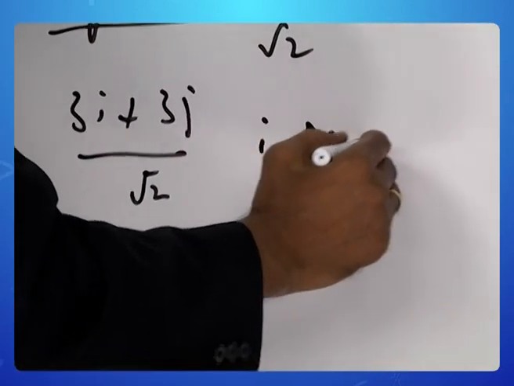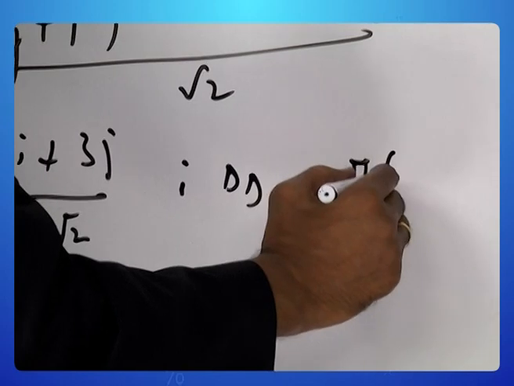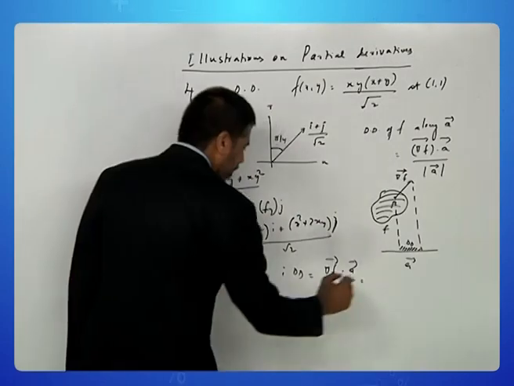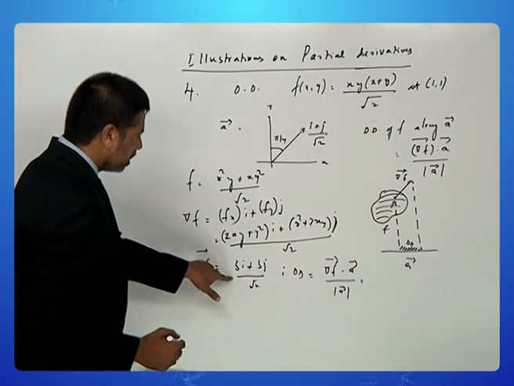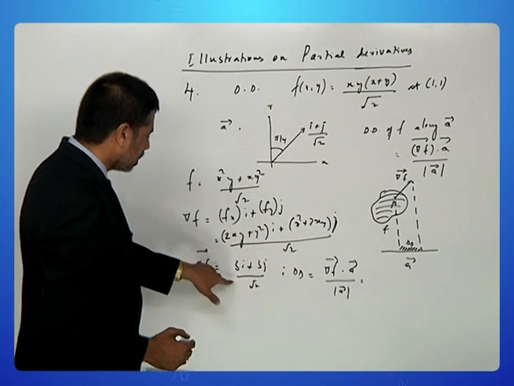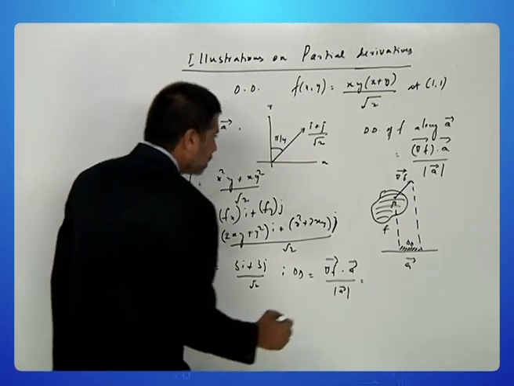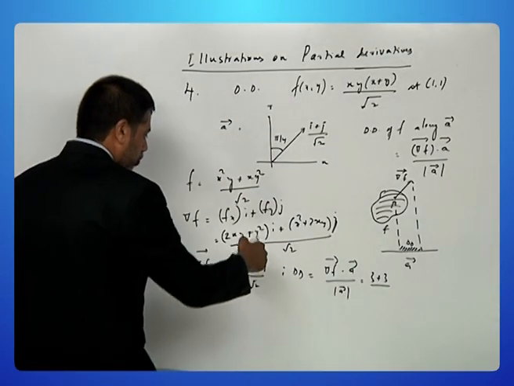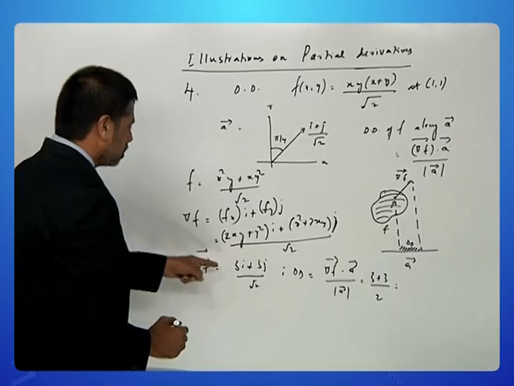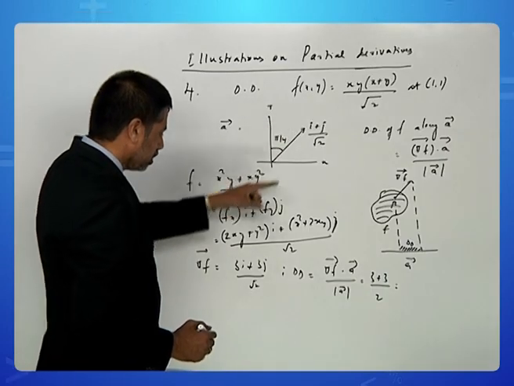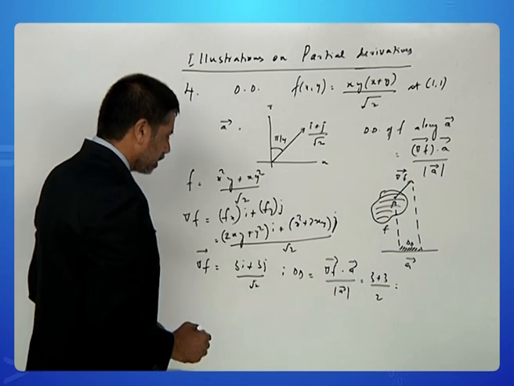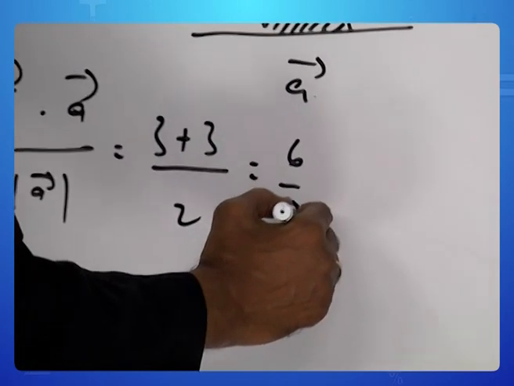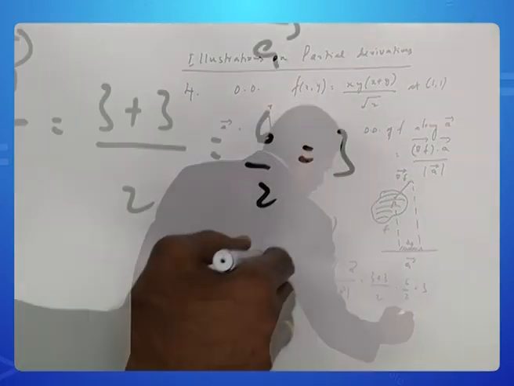Therefore, directional derivative is equal to del f dot A divided by magnitude of A. So take the dot product of this and this, because this is del f and that is A. So you will get 3 plus 3 by root 2 into root 2 is 2. 3i dot i is 3, 3j dot j is again 3, and then root 2 into root 2 is 2. So this will be 6 by 2, which is equal to 3, corresponding to option B.